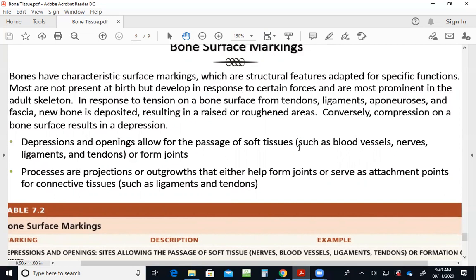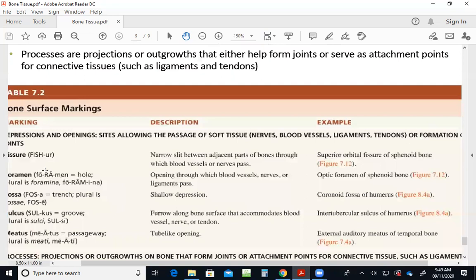We also have what are called compressions that push inward on a bone surface, resulting in a depression. So there are depressions and openings, allowing for passage of small or soft tissues like blood vessels, nerves, ligaments, and tendons, or to help form joints, whereas processes or projections or outgrowths help form joints or serve as attachment points for connective tissues like our ligaments and tendons.